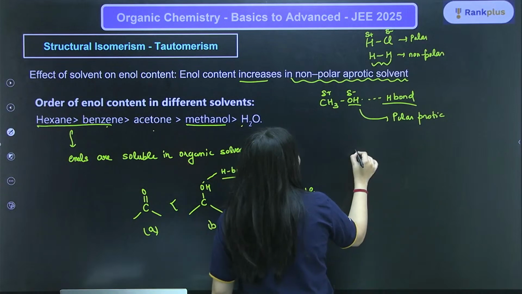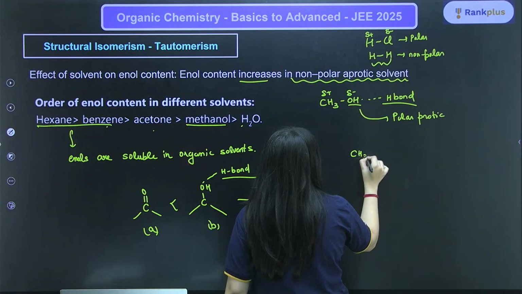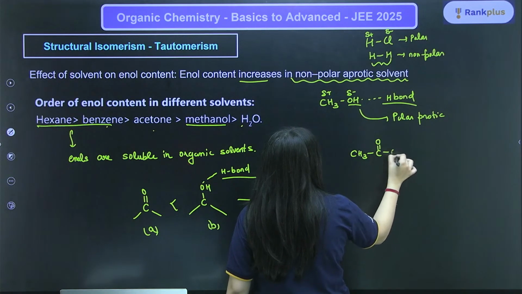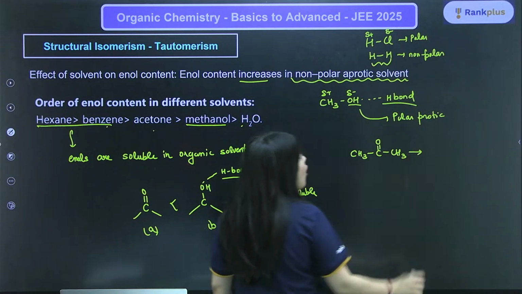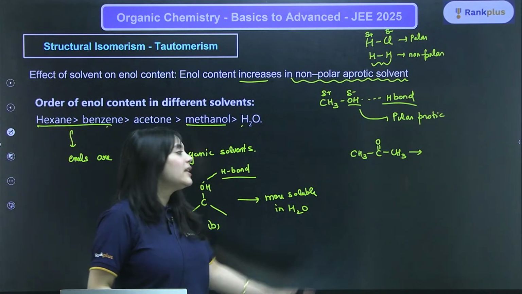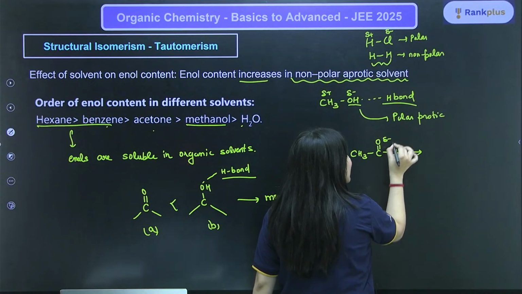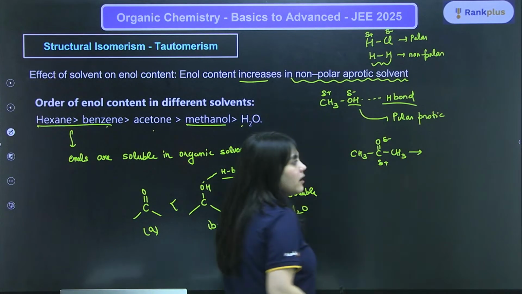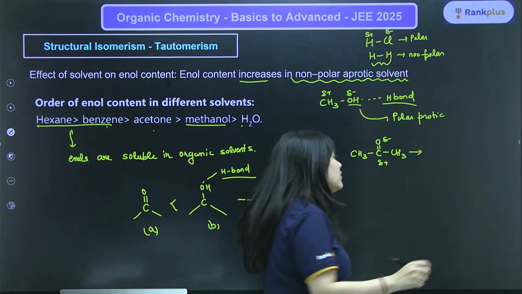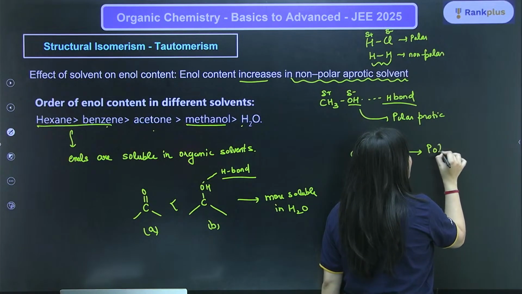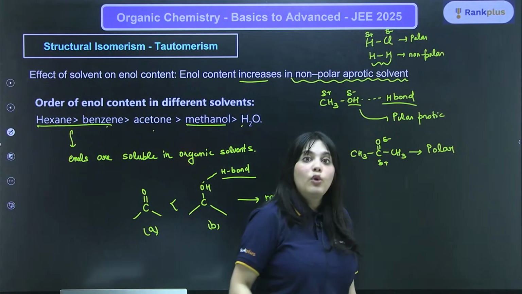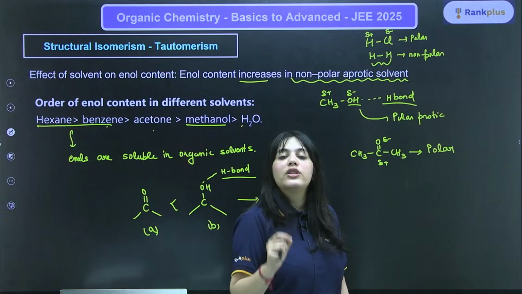Similarly, if I talk about acetone, CH3 C double bond O CH3, what kind of solvent is acetone? There is polarity here, because the oxygen has a delta negative charge and the carbon has a delta positive charge. So this is a polar solvent. But is it protic? Can it give hydrogen bonding?